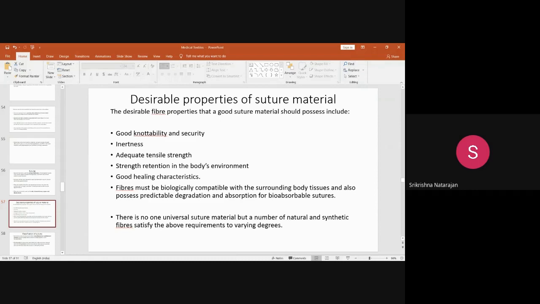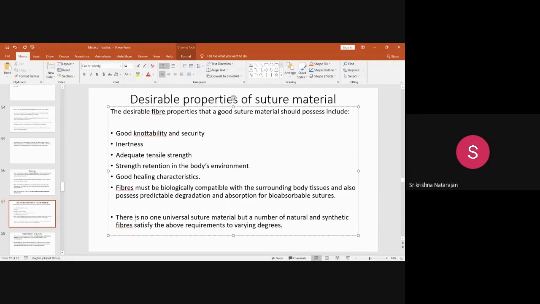But the important thing to know is this point: there is no one universal suture material that satisfies all the requirements. Satisfying all the requirements is not easy. It will be difficult. So there is no one universal suture material, but a number of natural and synthetic fibers satisfy the above requirements to varying degrees.